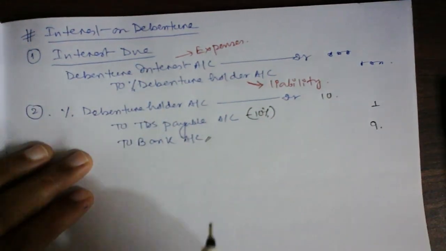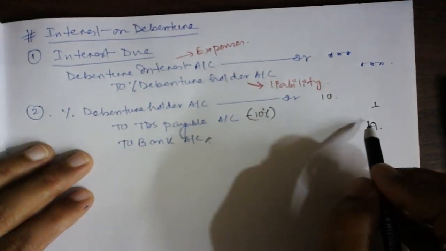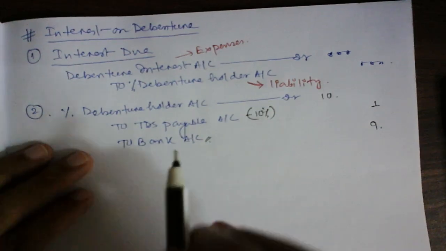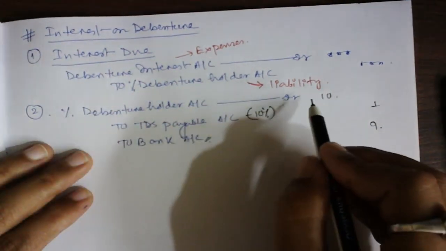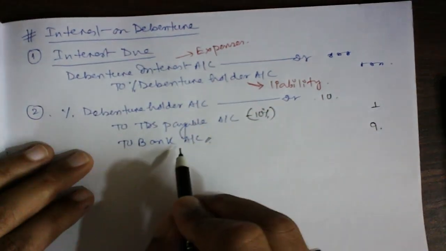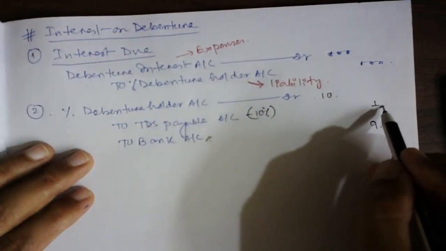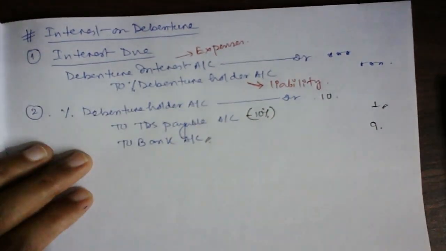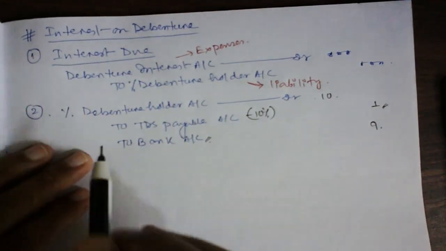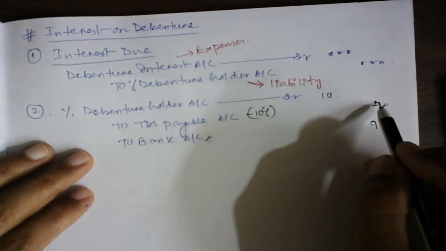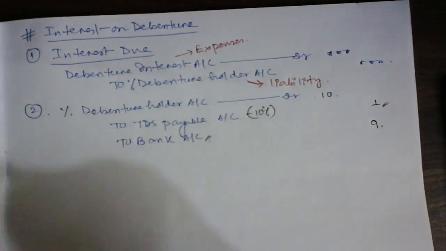Remember, I am repeating, this is the amount, 9 rupees, that the company will pay to the debenture holders, not 10 rupees. We understand 10 rupees is the amount to be paid, but we are going to pay 9 rupees because this 1 rupee is nothing but the tax on the interest that has to be deposited with the government. So the company pays 9 rupees and this 1 rupee is to be deposited with the government.